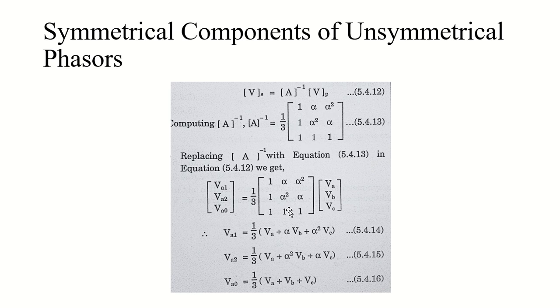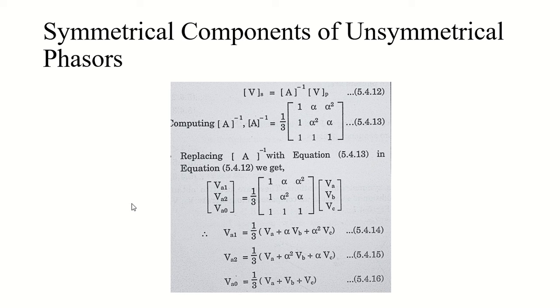Now you substitute this A inverse, and you will find VA1 will be 1 by 3 (VA plus alpha VB plus alpha square VC). Same way VA2 is 1 by 3 (VA plus alpha square VB plus alpha VC), and VA0 is 1 by 3 (VA plus VB plus VC).